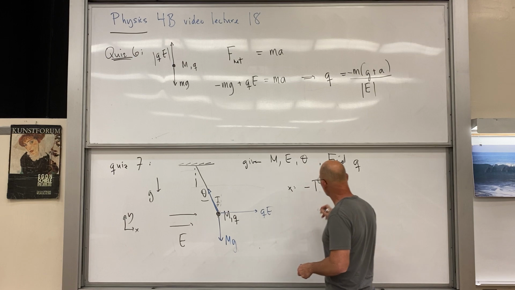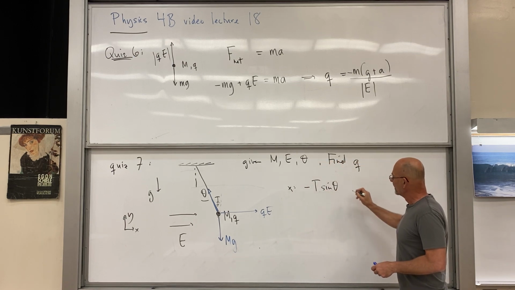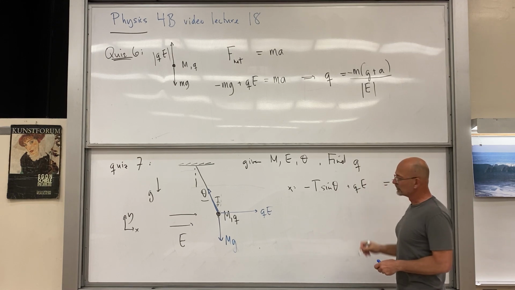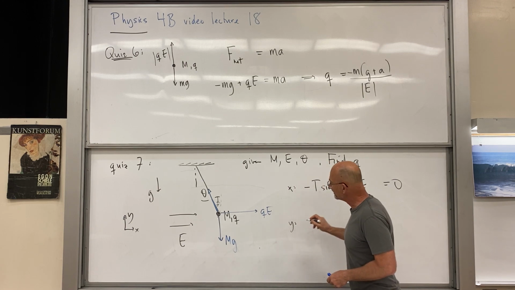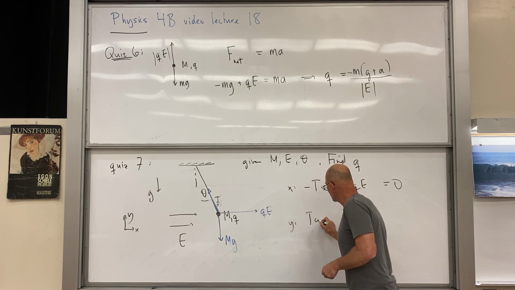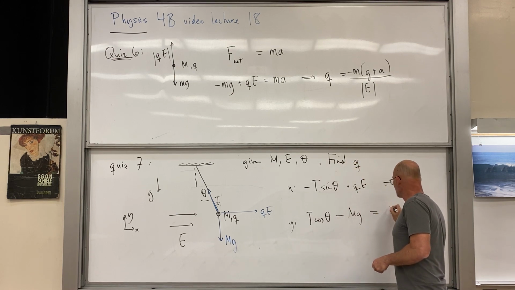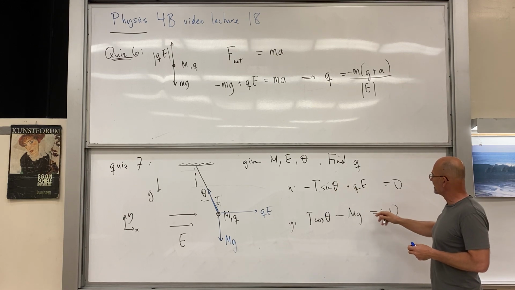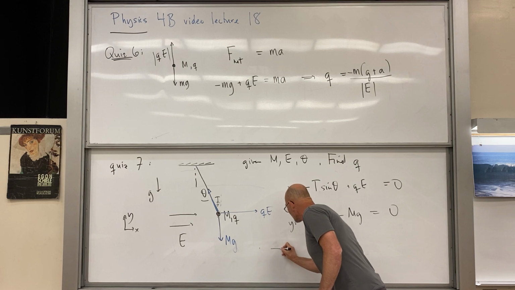So minus T sine theta plus QE is equal to 0. In the y direction, you have your T cos theta pointing up and your mg pointing down equals 0. So two equations and two unknowns. We don't want to know the tension. We want to find the charge. So that should work out right here.